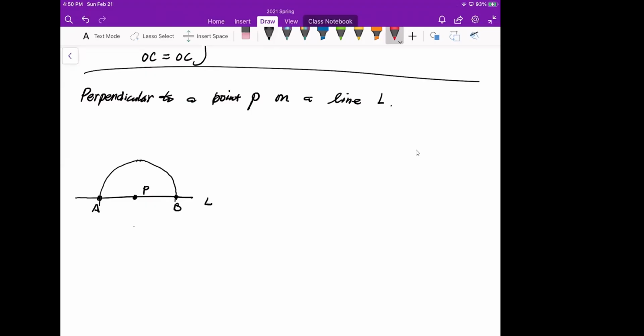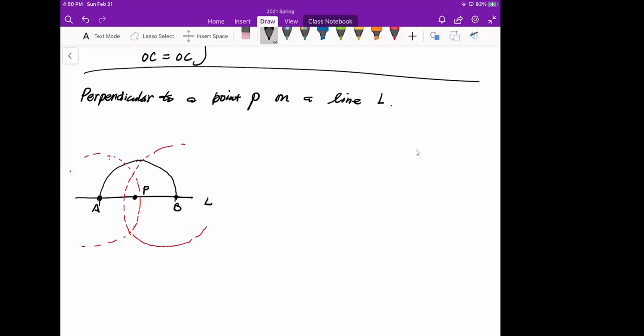So that's the circle centered at A, and another circle centered at B. I get two points here, one is point C and the other is point D, but I just need one of these.